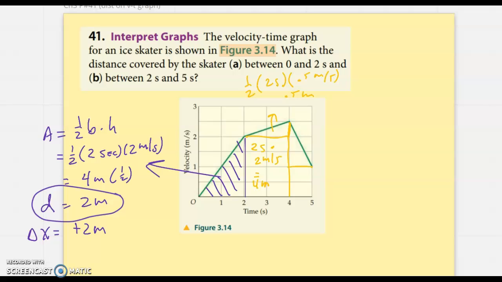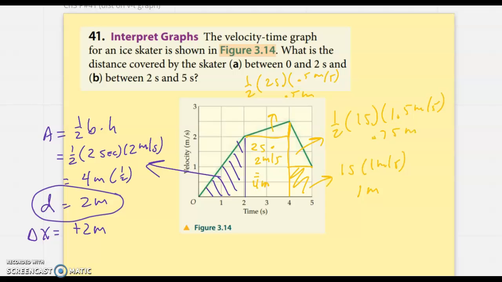Anyhow, this area right here is going to be 1 second times 1 meter per second, which will result in 1 meter. And then this area over here is a triangle, so it's a half times 1 second times a height of 1.5 meters per second. And so that's going to be 0.75 meters.